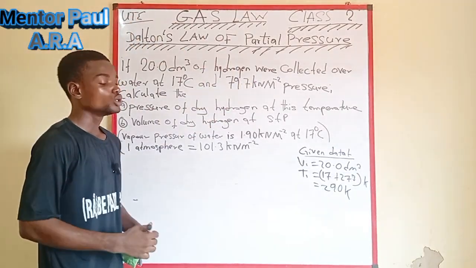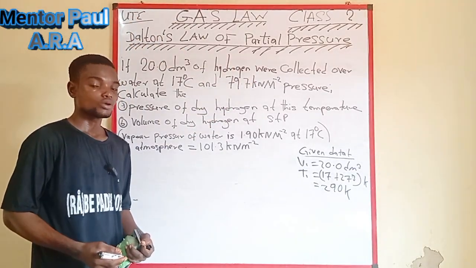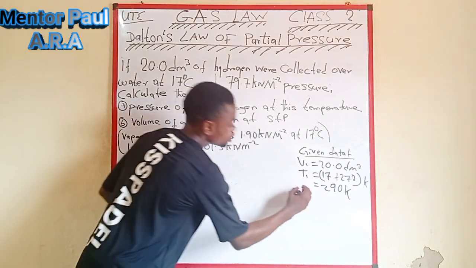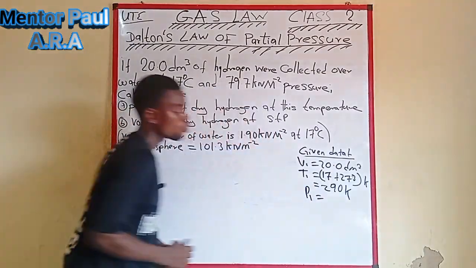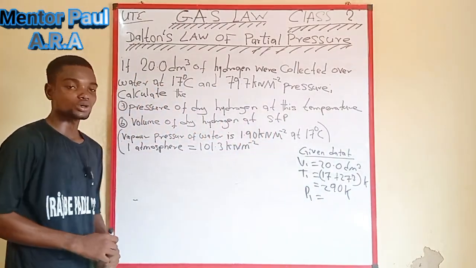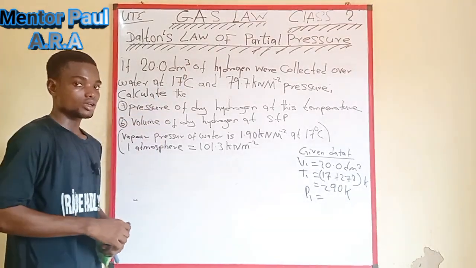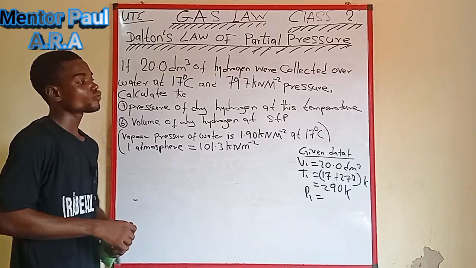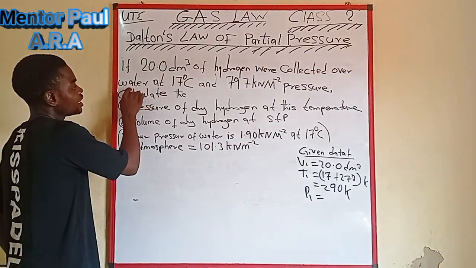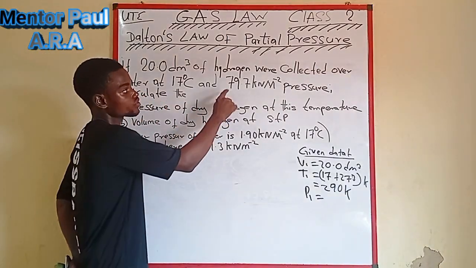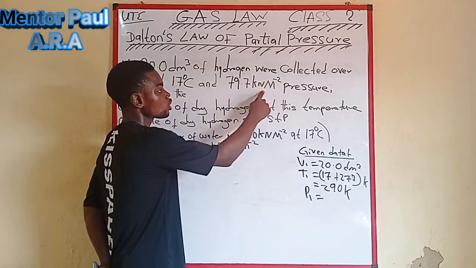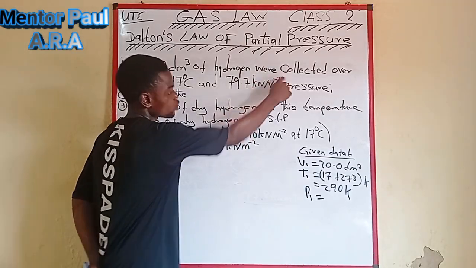What again do we know? We know the pressure, and we know P1. What is P1? Remember, we are talking about the hydrogen gas. So the pressure of that hydrogen gas at this stage, they say we have 79.7 kilonewton per meter square.